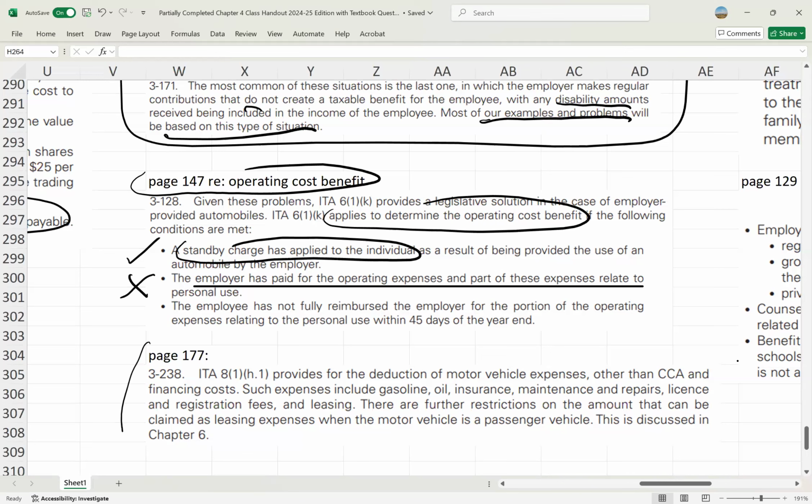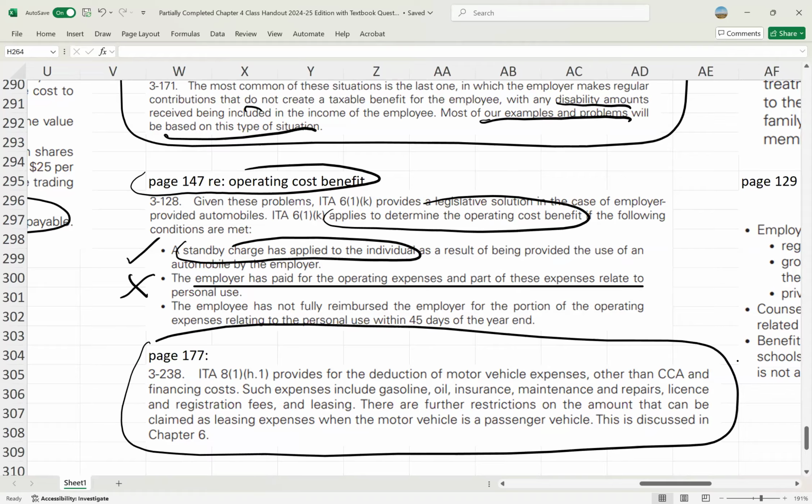We talked a little bit about that last week. Remember we talked about H and H.1, and we said H.1 includes all of those motor vehicle expenses. And generally speaking, that would include gas, oil, operating expenses.